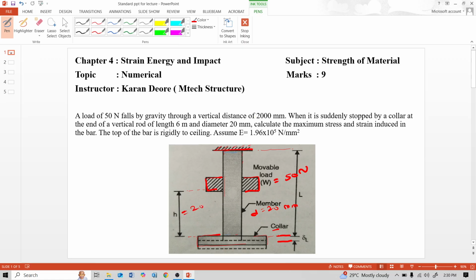That means h is 2000 mm, and this L is always greater than h. This h is smaller and this L is greater because L is the member length. So L is here 6 meter, that means 6000 mm.